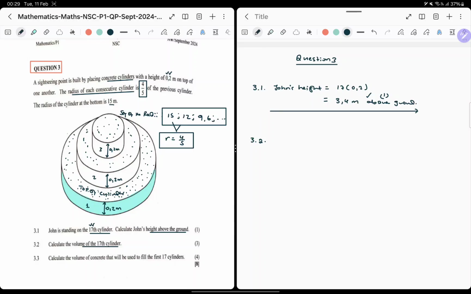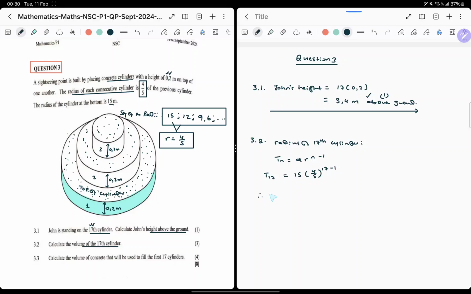So first of all, we can say the radius of the 17th cylinder would be such that Tn is equal to A r to the n minus 1, because we saw that the radii are forming a geometric pattern. So that means T sub 17 is going to be A, which was 15, into the common ratio, which is 4/5, to 17 minus 1, which is nothing but 16.